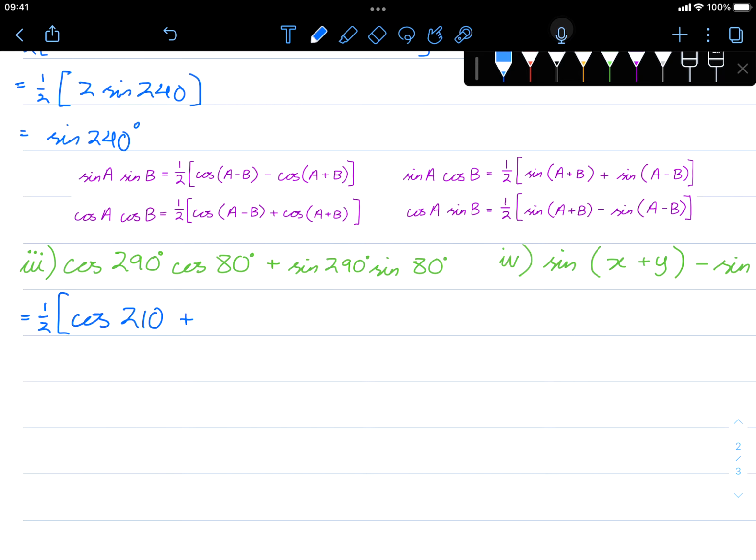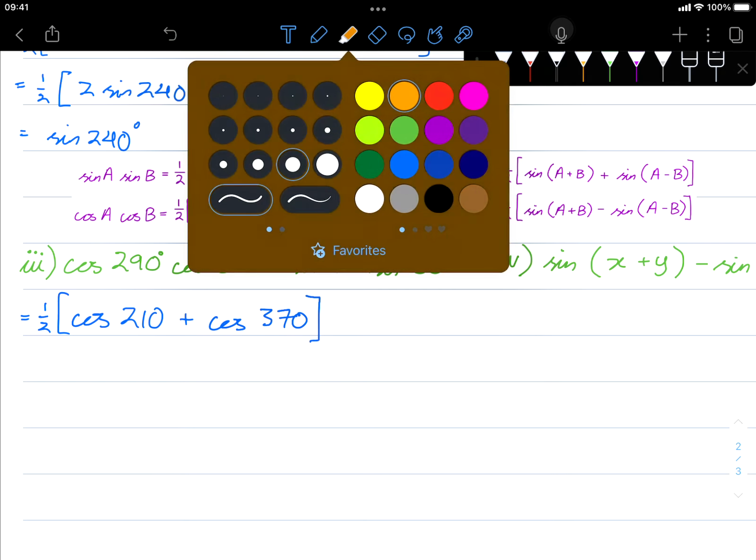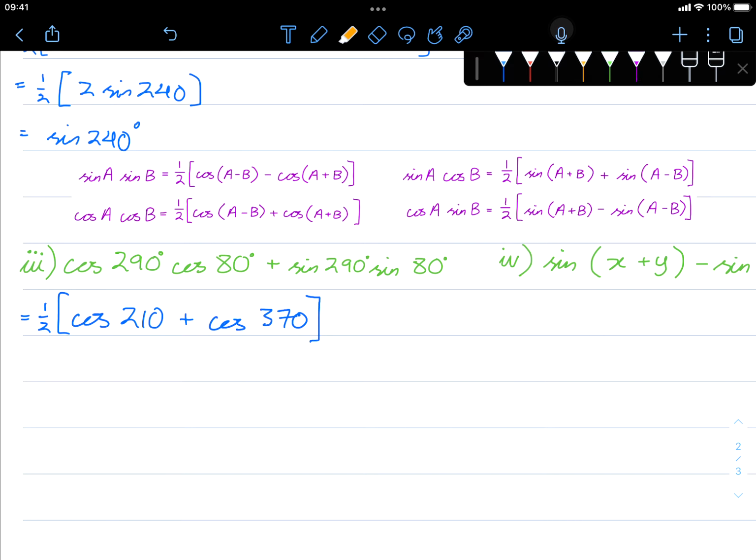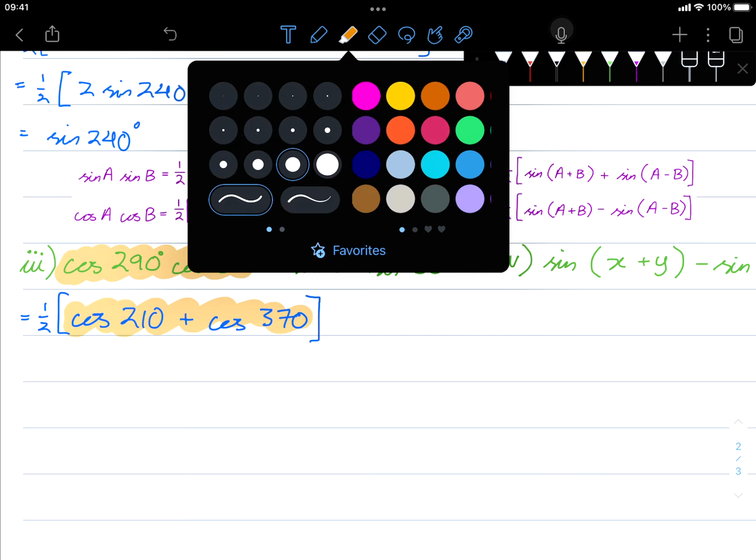Cos of a plus b is going to be 370. So we're finished with this expression. So that is that one. Now let's move on to the next half.